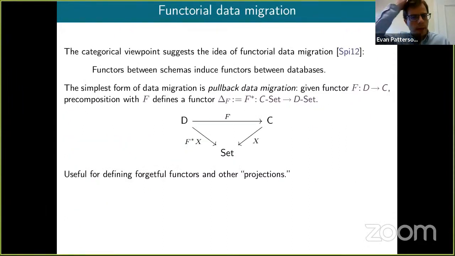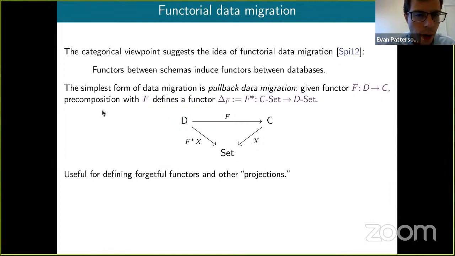Okay, and so having adopted this categorical viewpoint on databases, it suggests this idea of functorial data migration, which was the topic of David's first paper on this topic, I think, or one of the early ones. The basic idea here is that if you have a functor between your schemas, this should somehow induce a functor between database instances on those schemas.